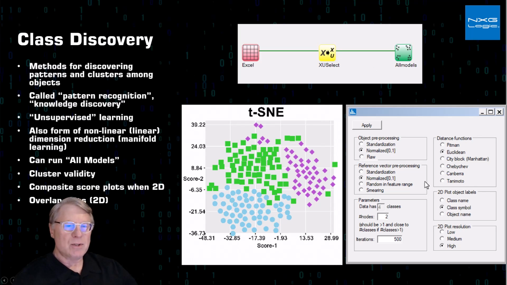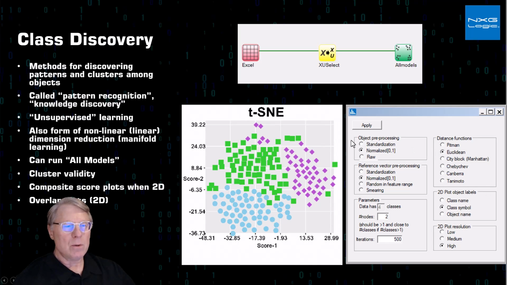So when getting started, if a method uses distance functions, the user can specify which one they want to use. And some methods use a reference vector, like self-organizing maps, or learning vector quantization, LVQ, which uses reference vectors.